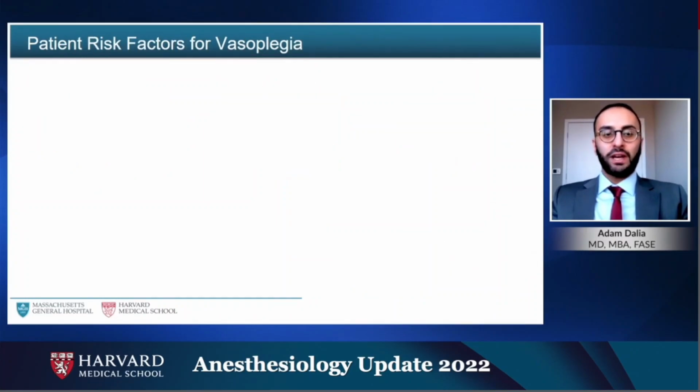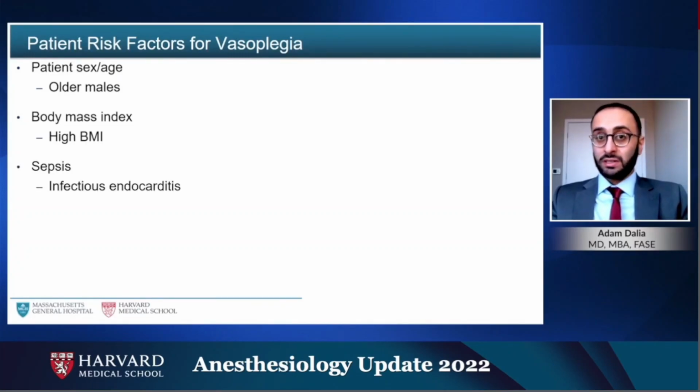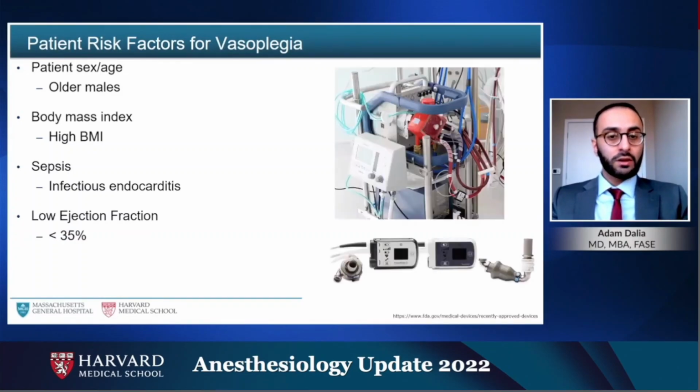What are specific patient risk factors for vasoplegia? Well, they have seen that patients that are older, that are male, may be at higher risk for vasoplegia. Having a high BMI, high body mass index, particularly sepsis, and more specifically infectious endocarditis, low ejection fractions, less than 35%, and then patients on mechanical circulatory support, such as ECMO, or even a durable mechanical support like an LVAD.